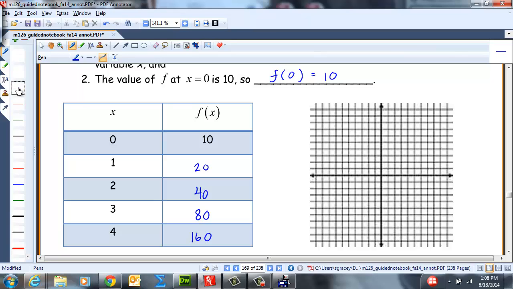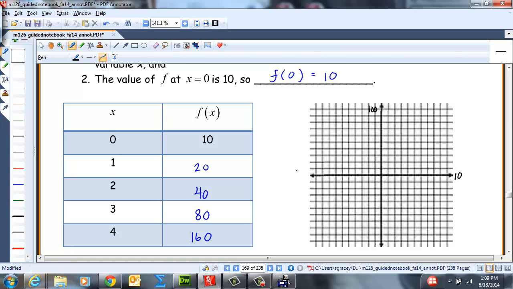So here we go. Let's do our scale. The x-axis can just be plus or minus 10, but for the y-axis, we'll do the first 4 inputs, and we'll just go to 100.